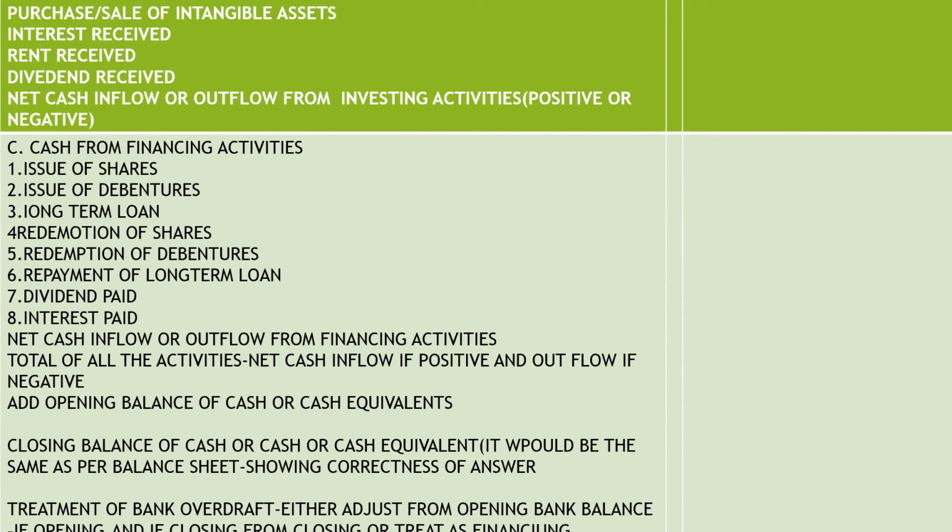If it is closing bank overdraft, from closing cash or bank or cash equivalents. Or the other way, we can treat it as financing activities, that is like in payments, bank overdraft.